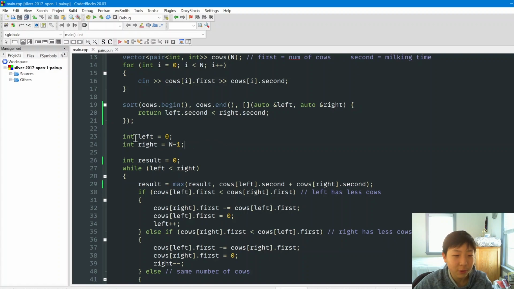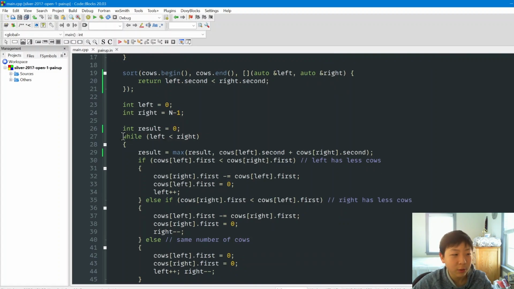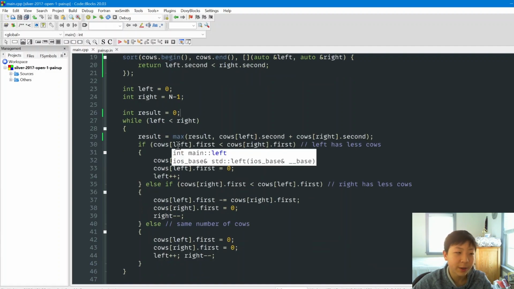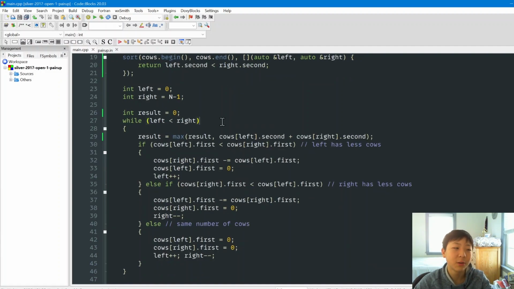Now we're going to keep track of our 2 pointers, left and right, just as I've talked about earlier. We're going to set our final result to 0 first. And we're going to go into a while loop saying if the left is smaller than right, then keep going. Because we cannot have the left going over the right at any point in time.